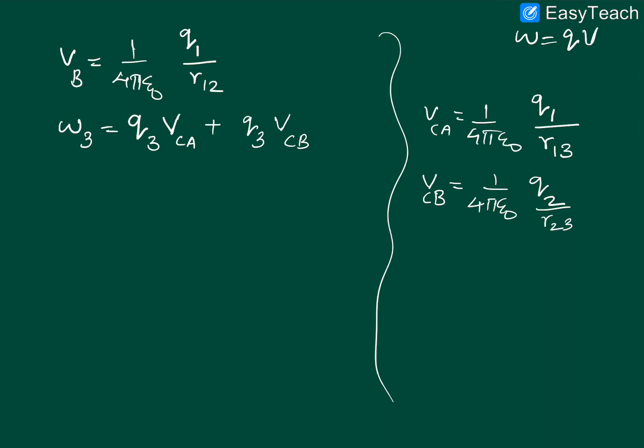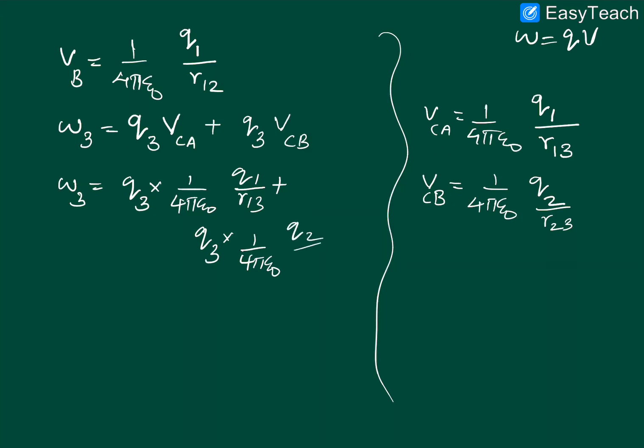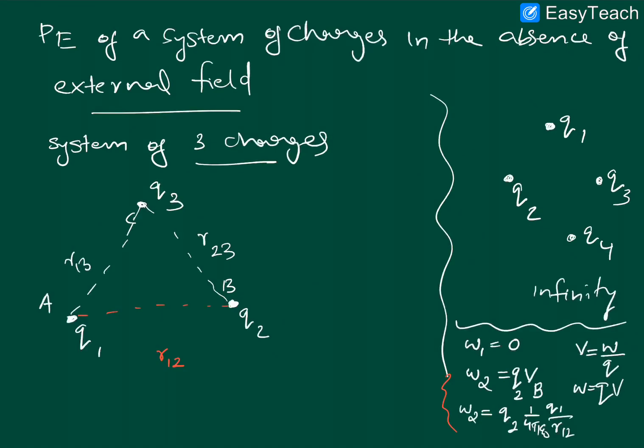So you got VCA and VCB. Okay, now W3 is equal to Q3 into what is VCA, 1 by 4 pi epsilon 0 Q1 by R13, plus Q3 into what is VCB, 1 by 4 pi epsilon 0 Q2 by R23. So you got W3.